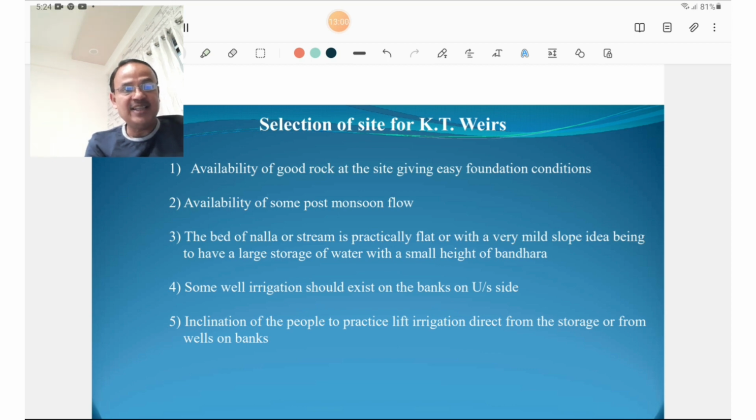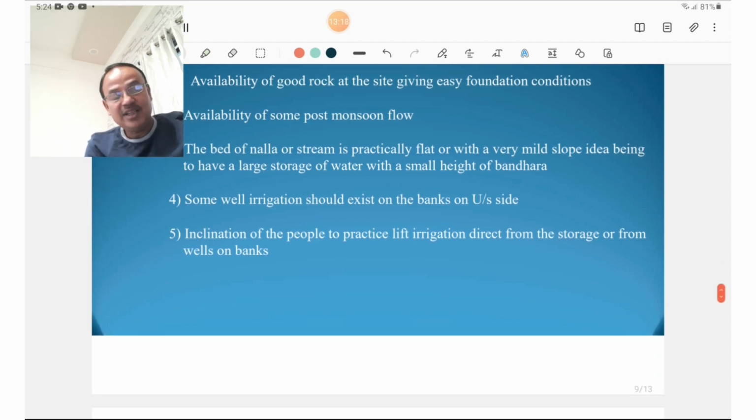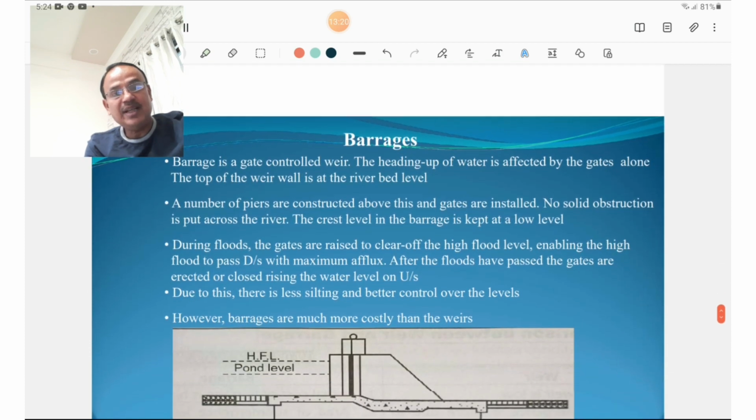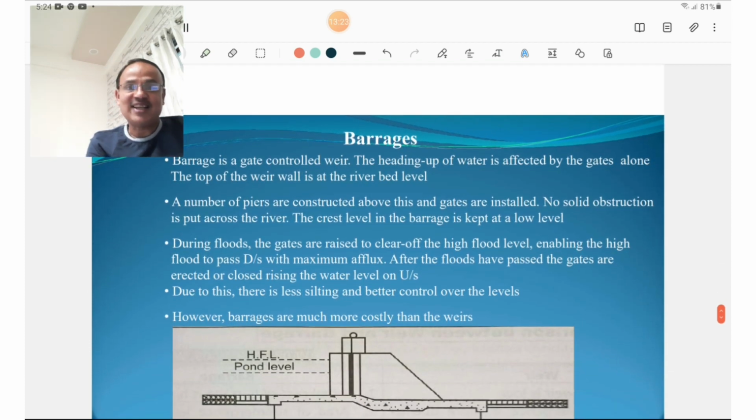Some well irrigation should exist on the banks on the upstream side. And there should be inclination of the people to practice lift irrigation directly from the storage or from wells on the banks. So there must be a practice among the villagers or farmers to lift water for irrigation from that KT weir.